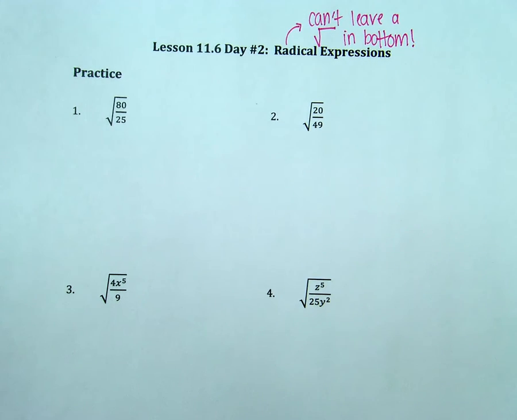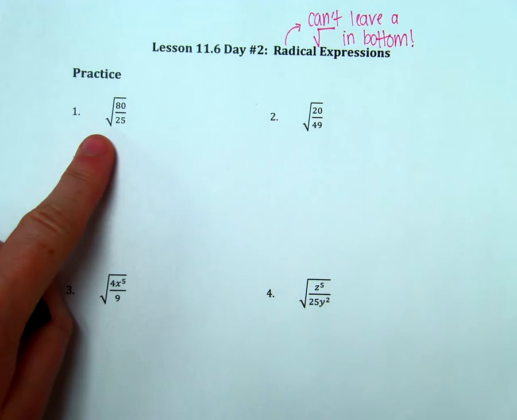So we can't leave one in the bottom. You are absolutely okay to leave one sitting in the top, but it's not okay to leave one sitting in the bottom.